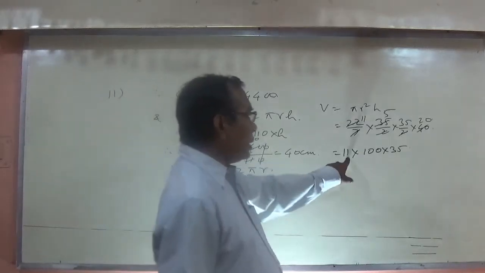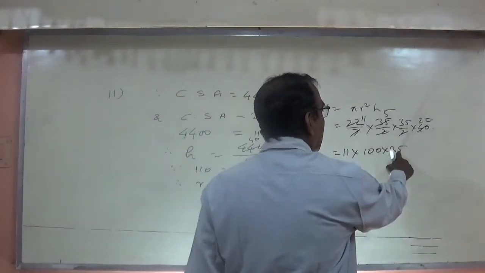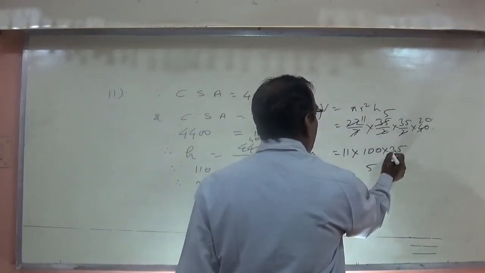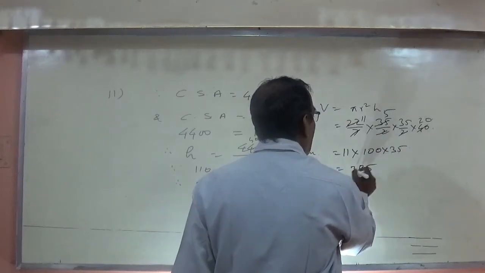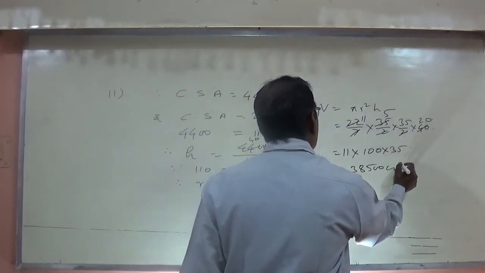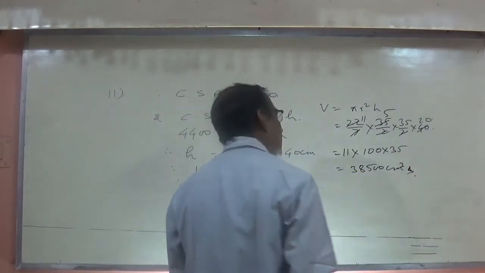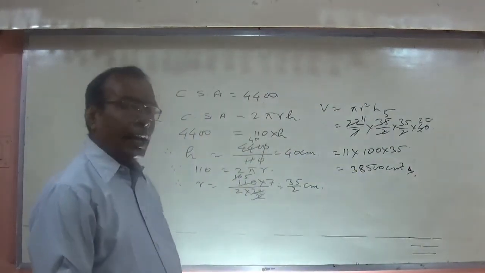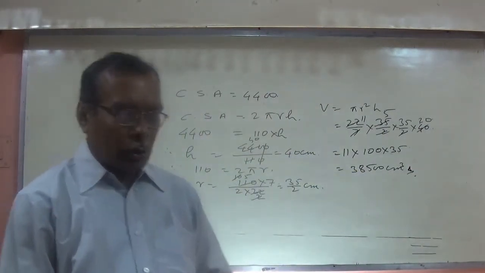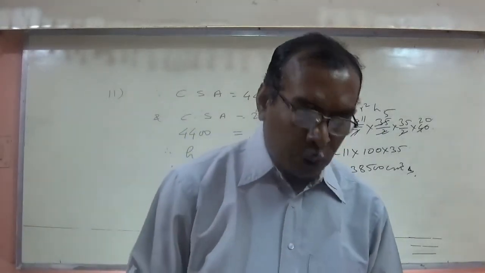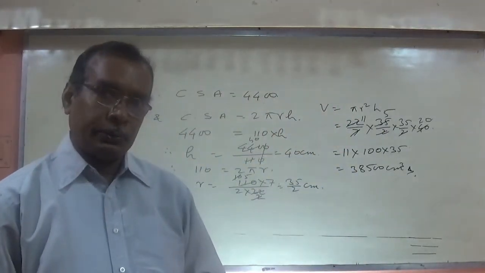Now multiply this 11 with 35. A 0 is there, 5 plus 0 is 5, 5 plus 3 is 8, and 3, followed by 0, so 38500 centimeter cube. This way the calculation is being accelerated, and the correct calculation is also coming. So this way the answer has come. I think it is clear.